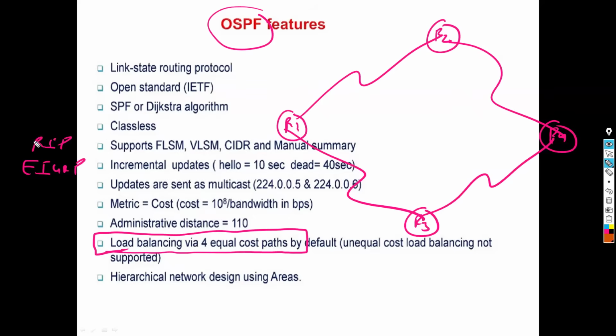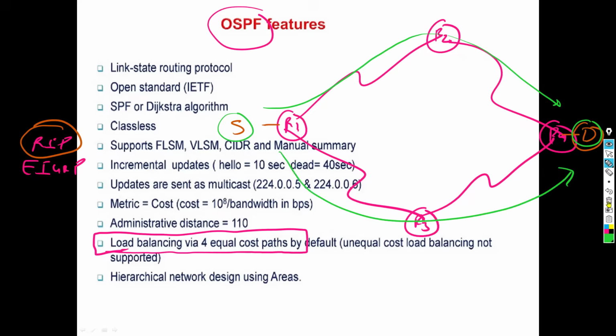Now, if I'm using the RIP protocol, RIP always works with hop count. RIP can't understand bandwidth. So if here is a source and this side we have a destination, from this source to this destination we have two routes. You can go via R2 or you can go via R3.